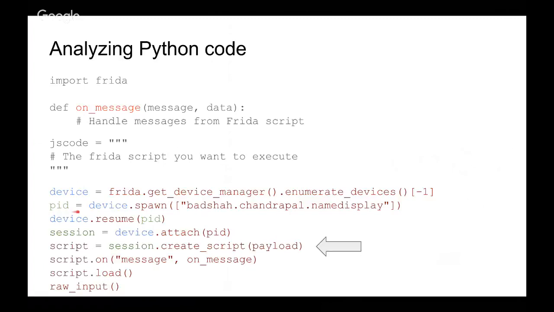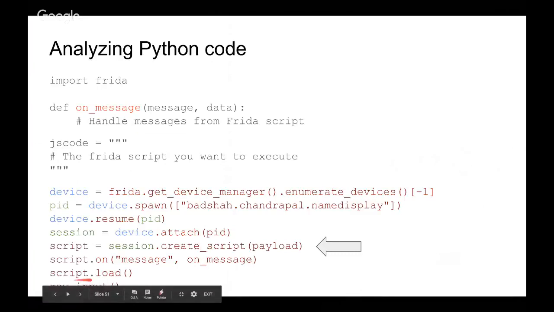Now you create the payload, which just means the JS code. This is a wrong variable. This has to be JS code. Then you load the function. You just say that, okay, when you get a message, you use on message, that is the function defined here to handle that.